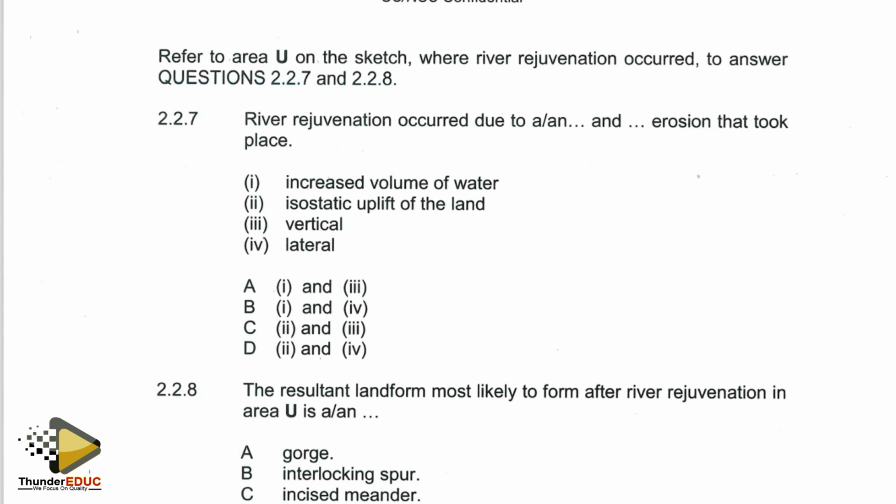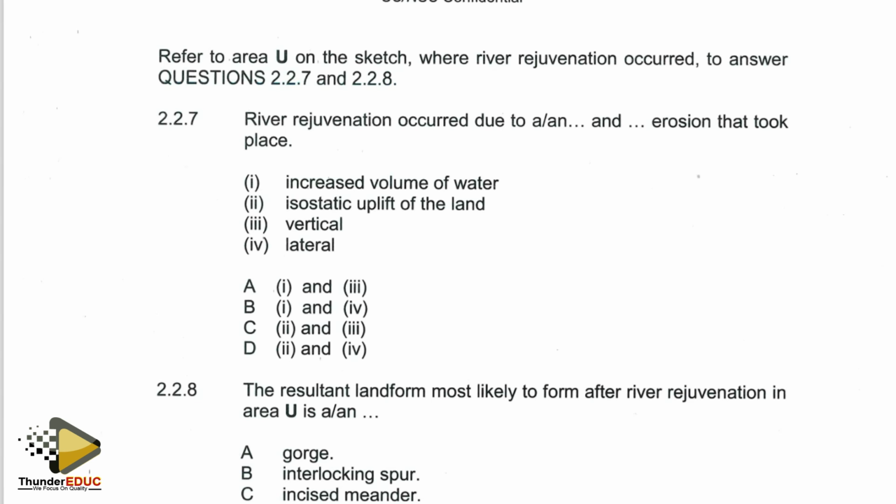The entrenched meanders are a result of incision by the river, which means the river will be deepening its channel through vertical erosion. Or where we have the paired terraces, those terraces are realized because of the development of a channel in the old channel. So the river will be regaining its capacity to cause vertical erosion. So the correct response is item number 1 and item number 4.